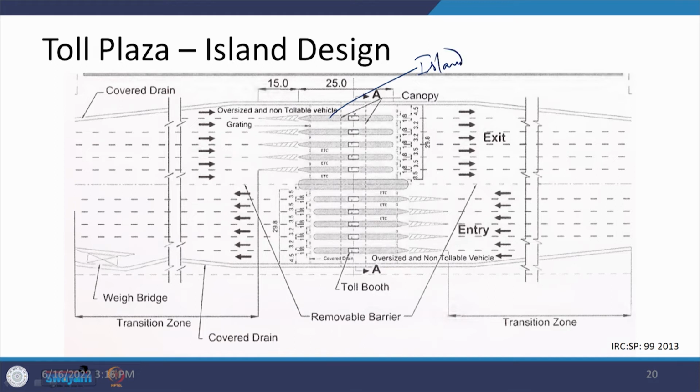On the top of this island, the toll booth is being provided. From this point, this is the center of it, and the total length of the island is given here, which is 25 meters. In front of that, we have chevron markings which are 15 meters long. So, this is how the arrangement has to be done.